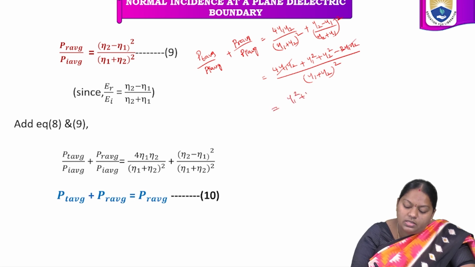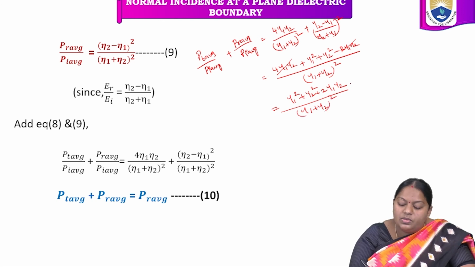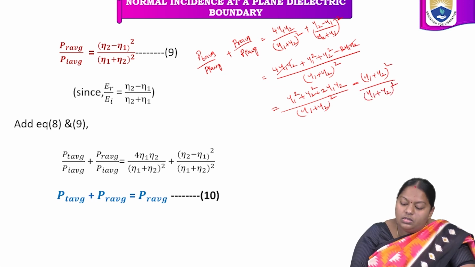Eta 1 square plus eta 2 square plus 2 eta 1 eta 2 by eta 1 plus eta 2 whole square. Okay, so a square plus b square plus 2ab is given by a plus b whole square, meaning eta 1 plus eta 2 whole square by eta 1 plus eta 2 whole square. Okay, so both get cancelled, which is equal to 1.